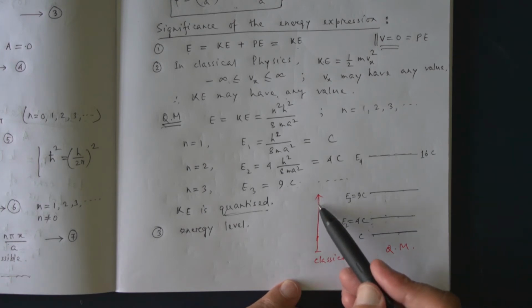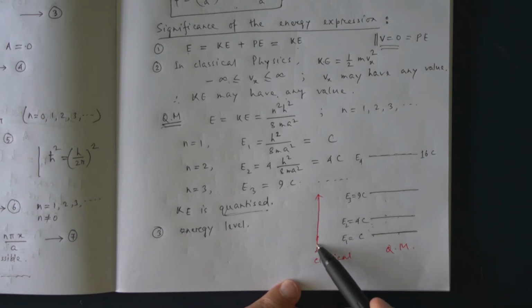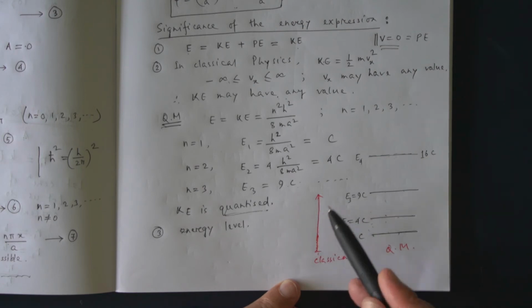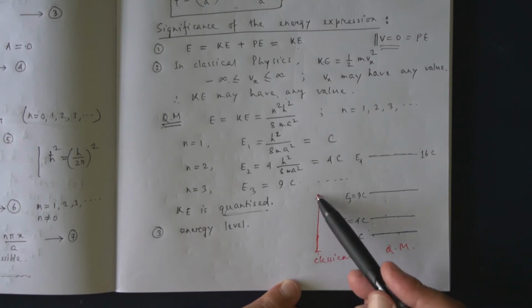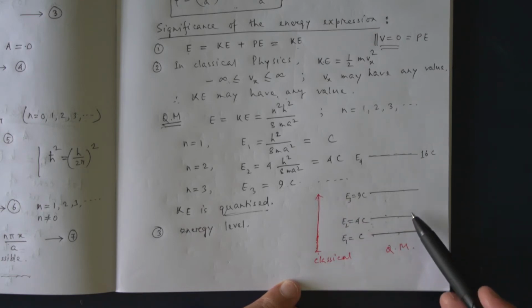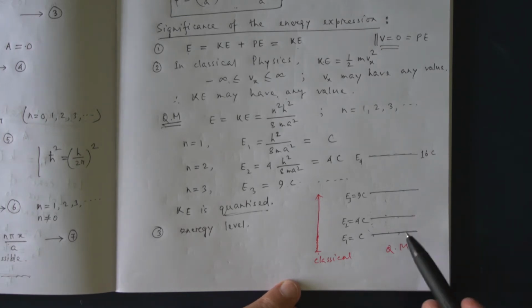One straight line means so many points, and each point will represent one energy value. So classically, all these energy values are possible. But quantum mechanically, all these energy values are not possible. Only some definite energies are possible. That is quantized. So there will be energy levels.